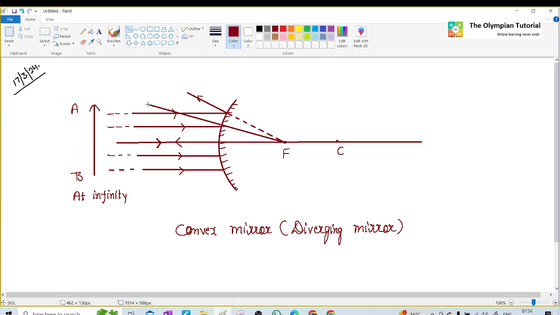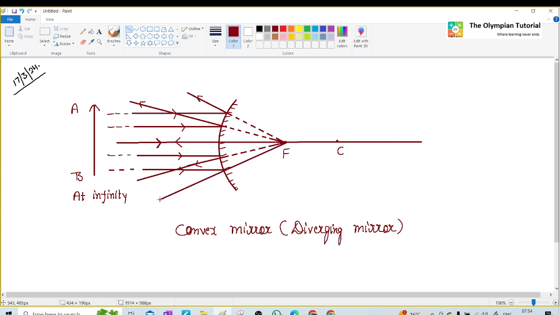So it is going like this, and from here also.